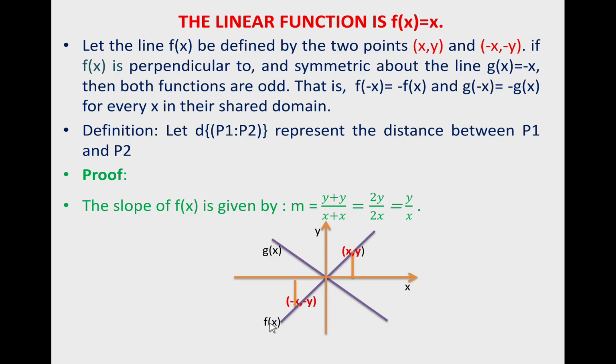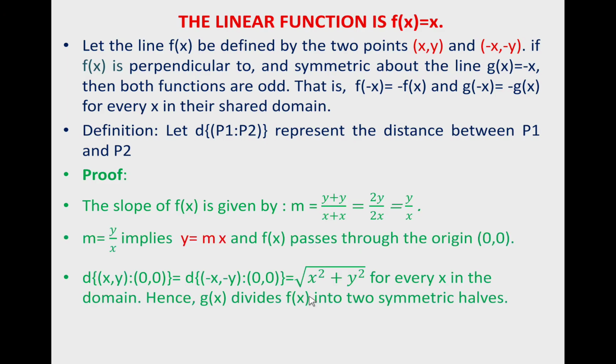To prove the function f of x is an odd function, let's just use this representation. We have x and y. Y is equal to f of x, so f of x is equal to y. And also we have here negative x, negative y, so f of negative x equals negative y. So that means f of x equals y and f of negative x equals negative y. Let's go back to the proof.